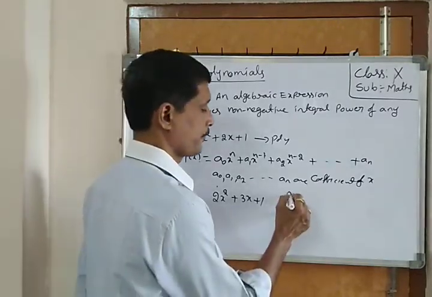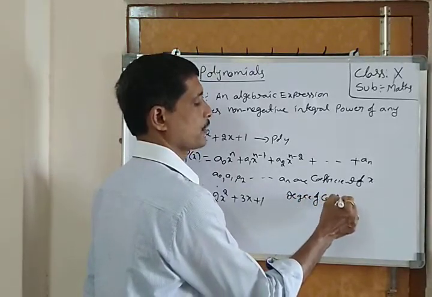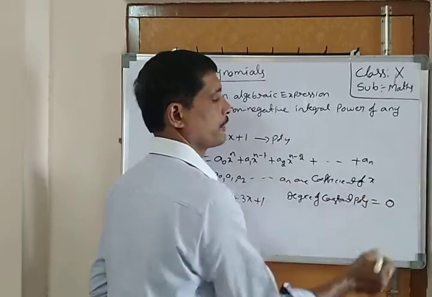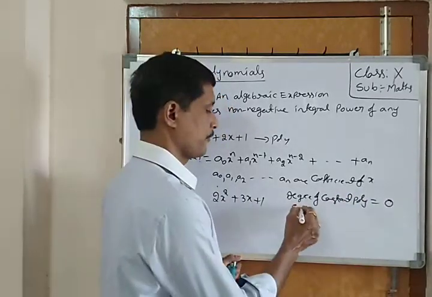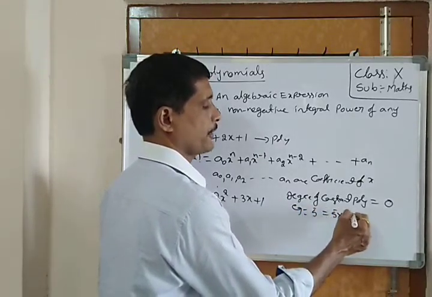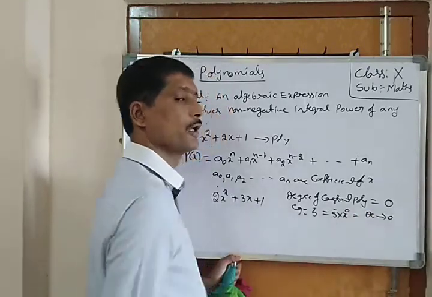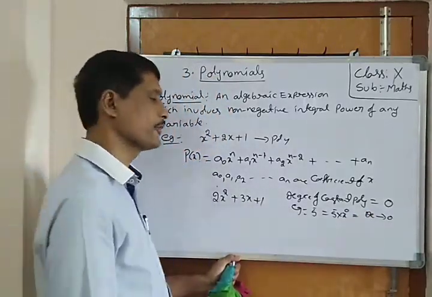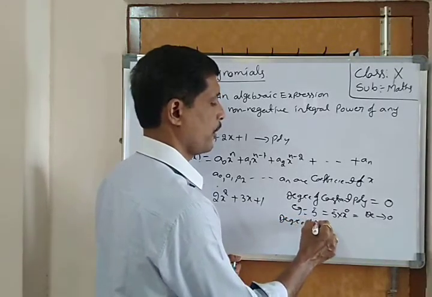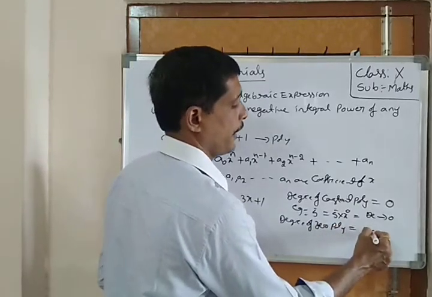The degree of a constant polynomial is 0. For example, take 5. It can be written as 5 into x power 0, so the degree is 0. Now the zero polynomial: the degree of the zero polynomial is not defined.